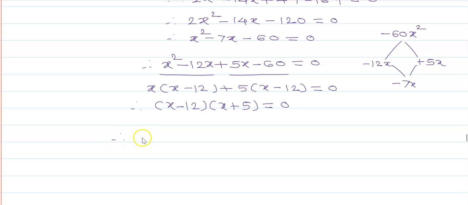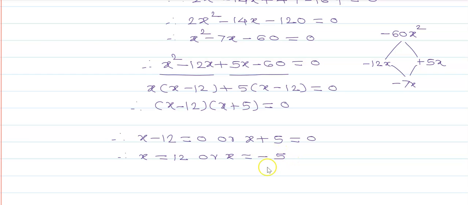Hence, x minus 12 is equal to 0, or x plus 5 is equal to 0. Therefore, x is equal to 12, or x is equal to minus 5.